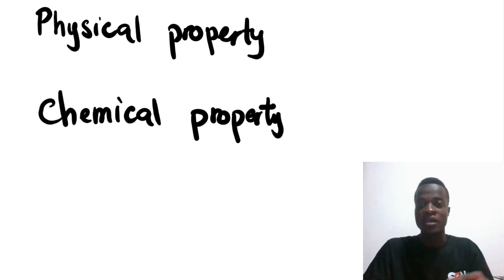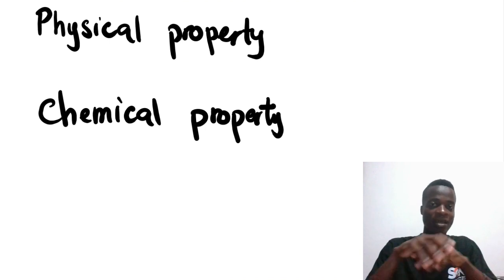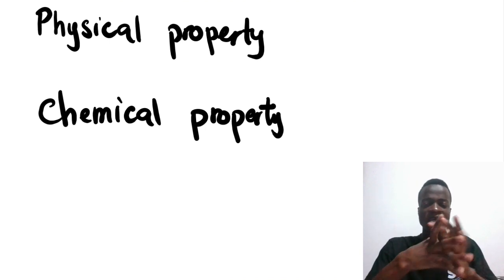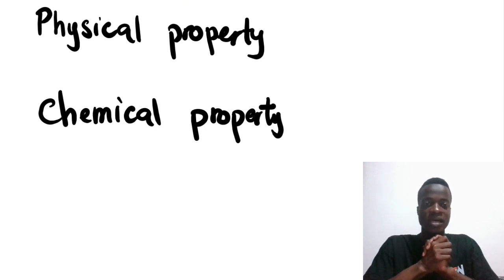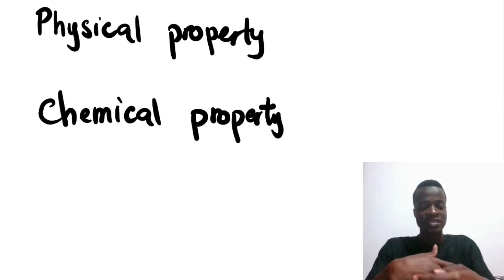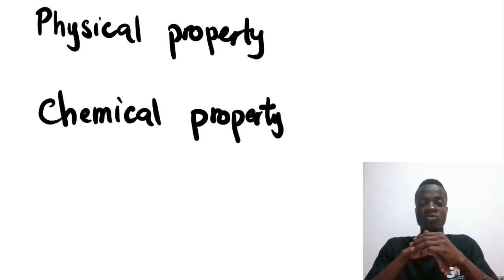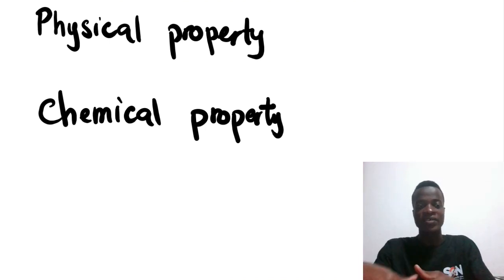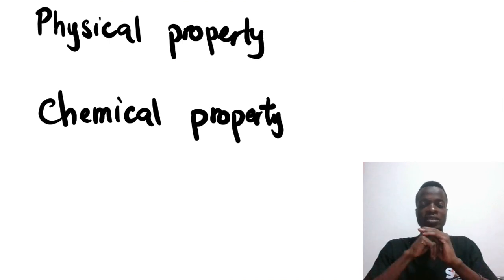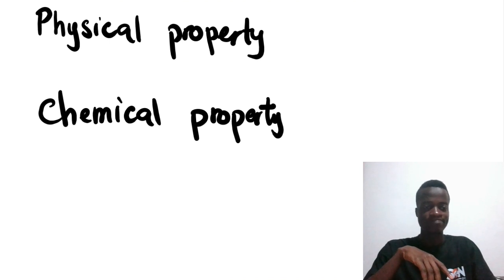Basically, chemical property affects the internal composition of a substance, but physical property does not change that. Let's look at some examples.